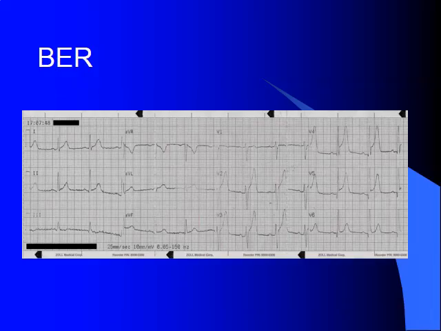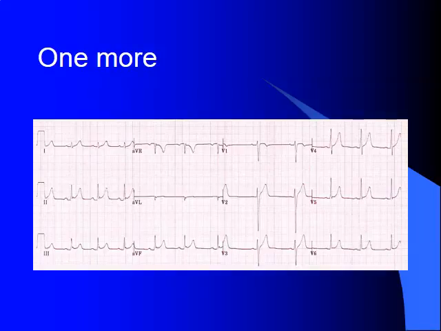Another example here. Again, look at the notching in V4. We have a well-developed R wave in V4. No axis deviation, good R wave progression, no reciprocal changes. Pretty typical finding in a healthy adult. And one more.